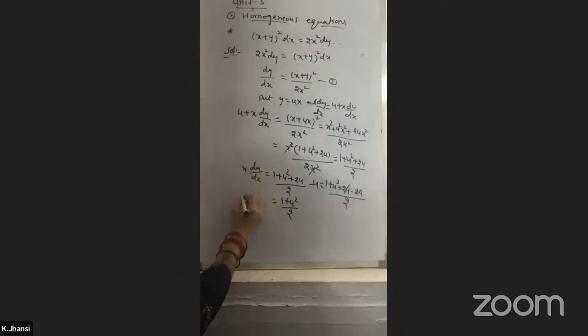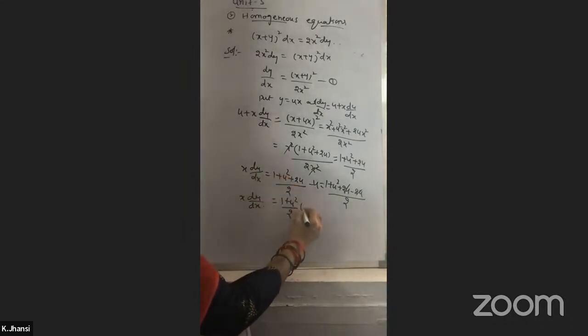So this is x·du/dx. Now we use the variable separable method.